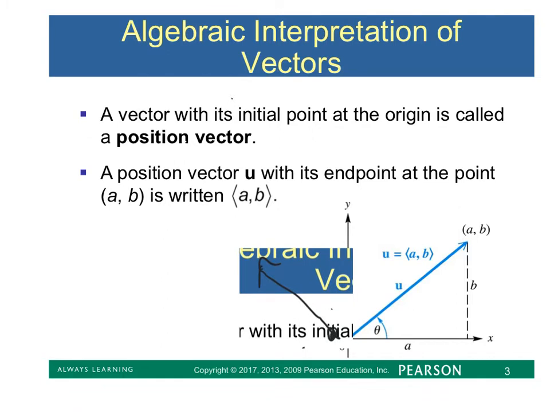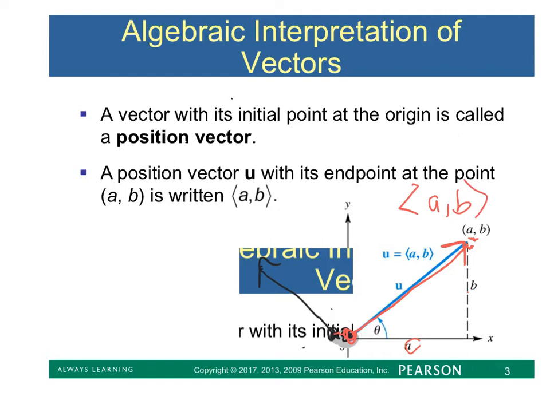A position vector, we name it by where it ends. So all our position vectors start at 0, 0. All our position vectors start at the origin. And where it ends, that's its terminal point. Then if it ends at some sort of A comma B, we say this is vector AB.